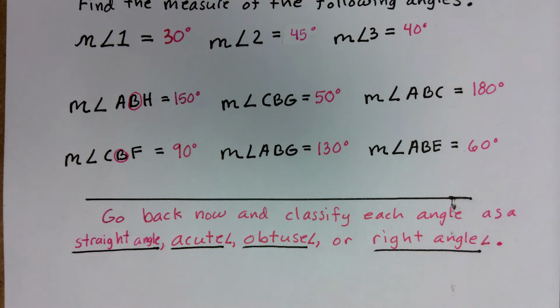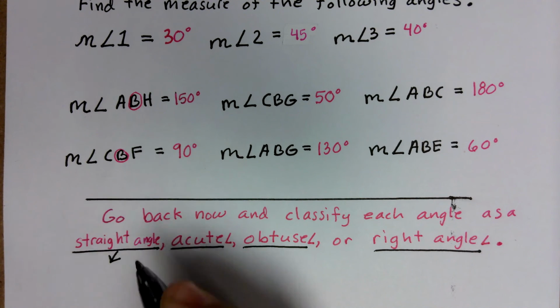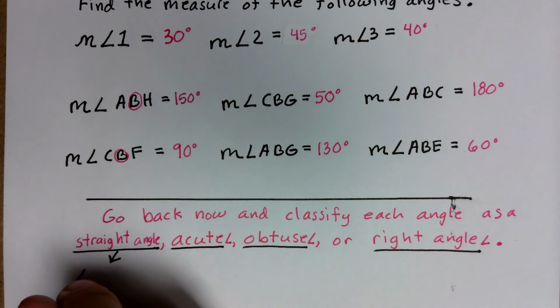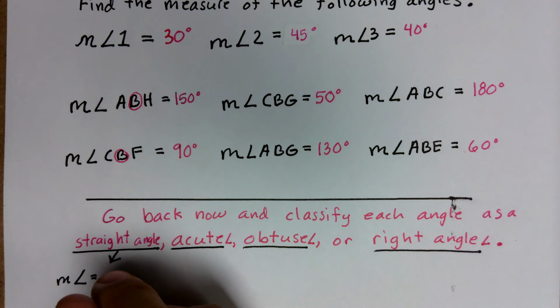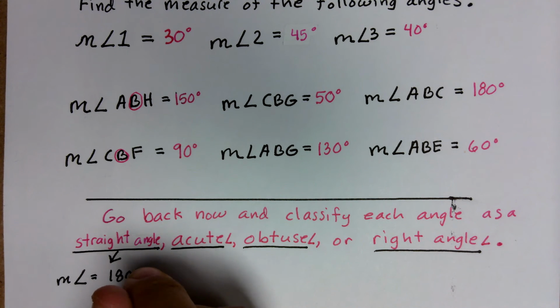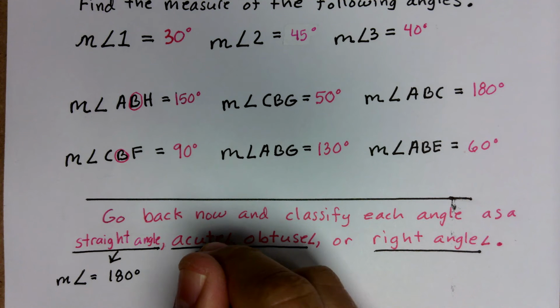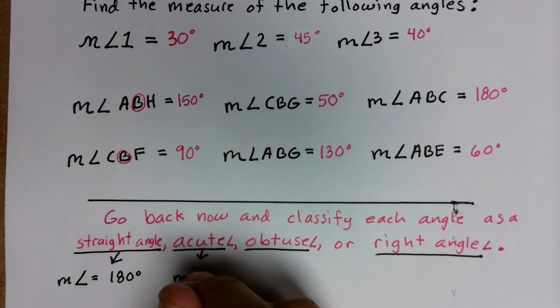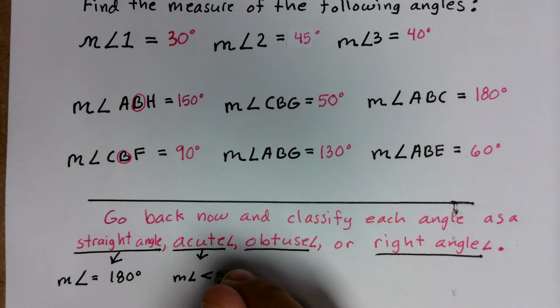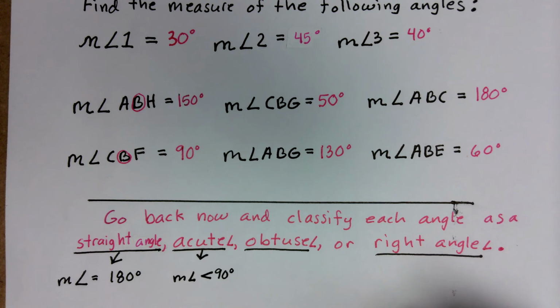Now just remember, I'm going to give you some definitions. When we talk about a straight angle, that means that the measure of the angle has to be equal to 180 degrees. When it's an acute angle, that means that the measure of that angle has to be less than 90 degrees.